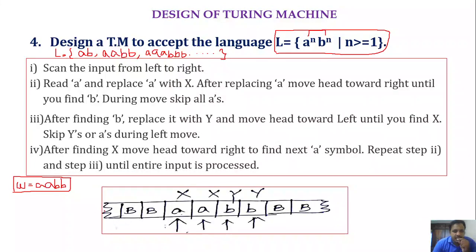This is the input tape that we are having. In the input tape, some of the cells consist of blanks, and some of the cells consist of input symbols. What are the input symbols that we are having? a, a, b, b. These are the input symbols, and afterwards we have blank characters.